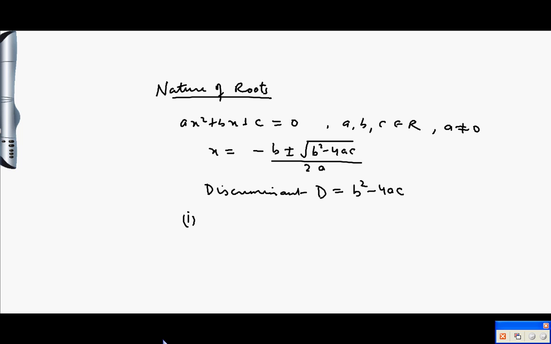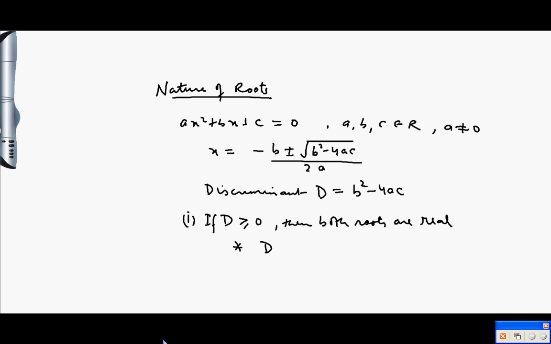The first thing is, if D is greater than or equal to 0, that means b square minus 4ac is greater than or equal to 0, then both the roots are real, out of which we can separate two cases.